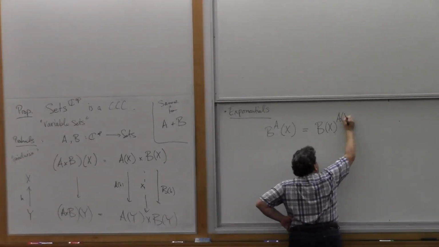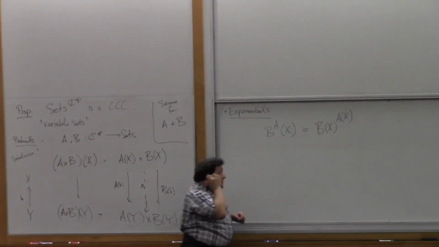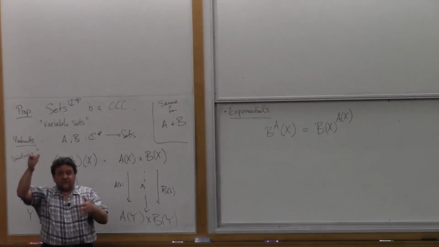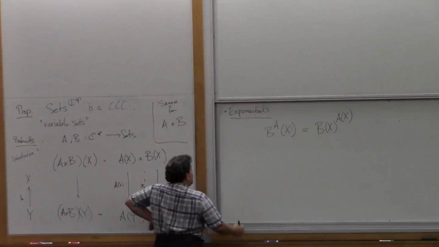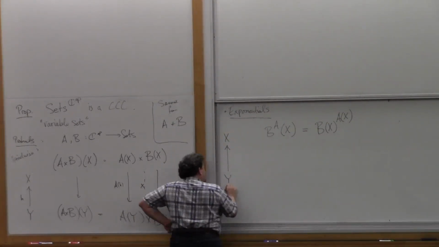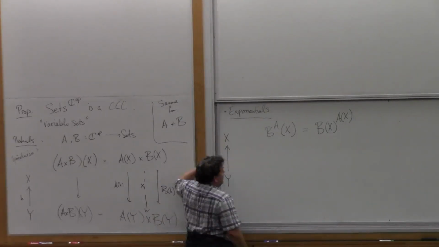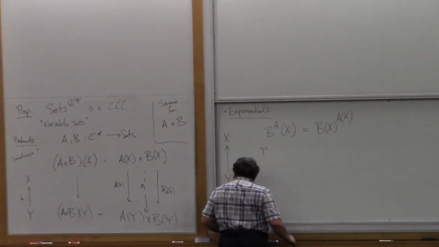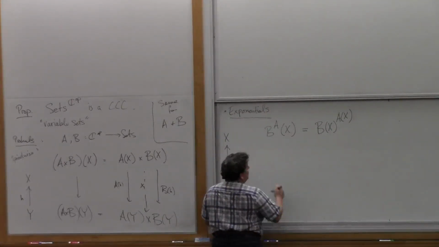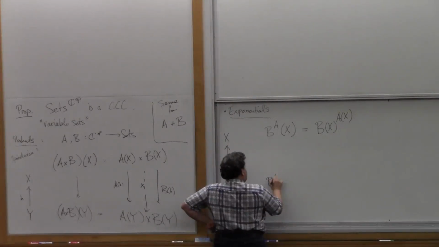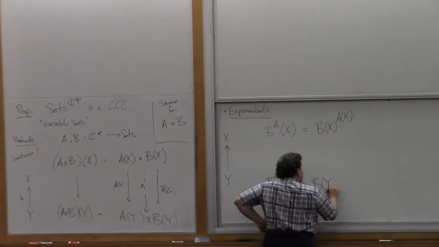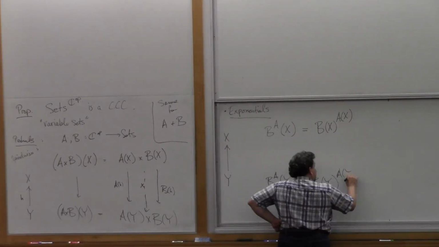So let's take that set where the values here are in sets. So for two sets, you can always make the function set, the set of all functions from one to another, right? And now here's, again, Y coming to X. Well, let's see here. We have B, we have A. So we need to get to B to the A at Y, which we're wondering maybe could be defined like this.